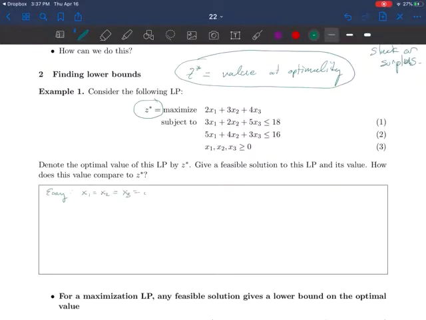An easy one would be x1 equal to x2 equal to x3 equal to 0. And of course, its objective value is just 2 times 0 plus 3 times 0 plus 4 times 0, which of course is equal to 0. And that, of course, has to be less than or equal to z star.